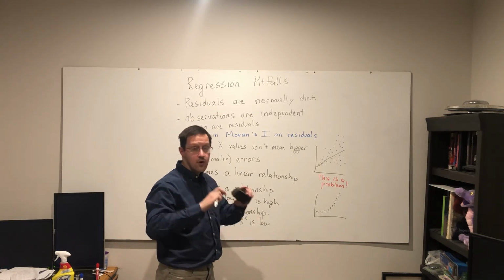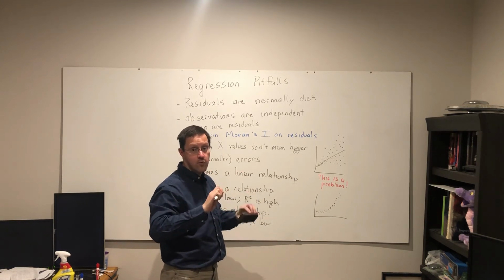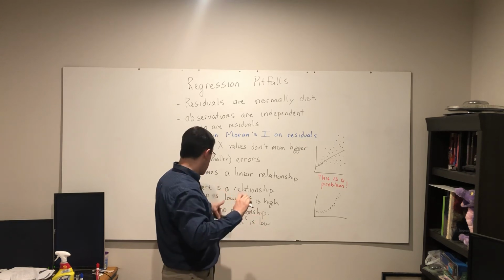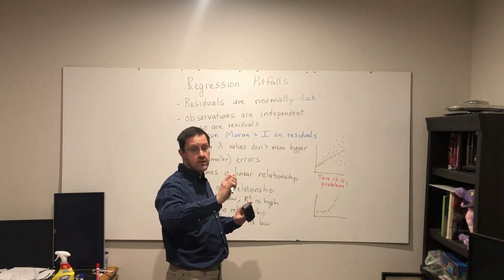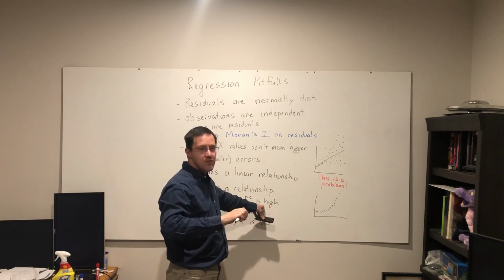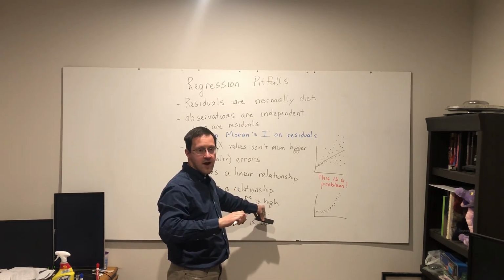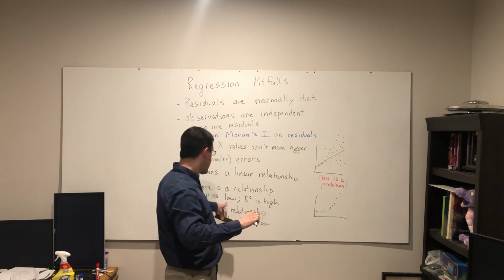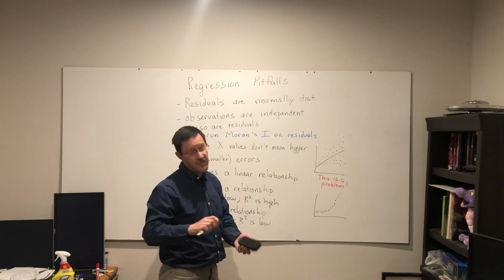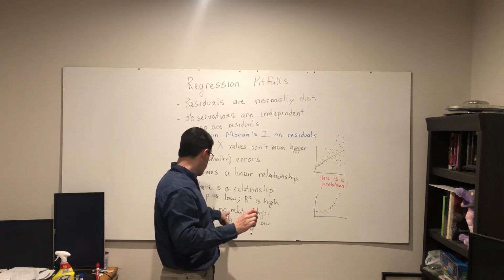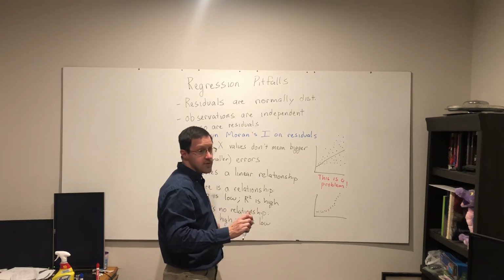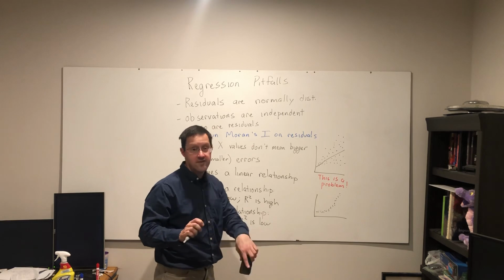They both are on the interval between 0 and 1. But if you have a relationship, your p-value is going to be low, and you have good predictions, so R squared is going to be high. And p is going to say the null hypothesis is probably not true. If there isn't a relationship, the p-value is going to tell you that you should probably accept the null hypothesis.